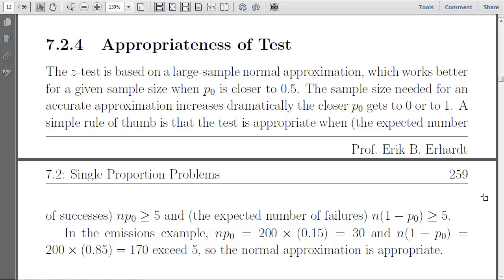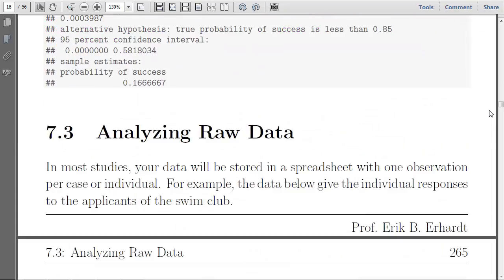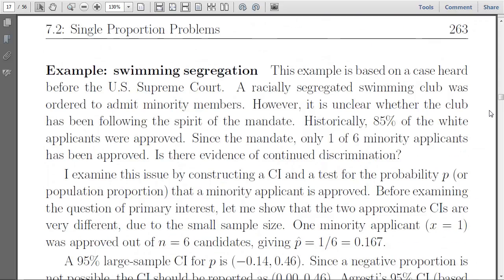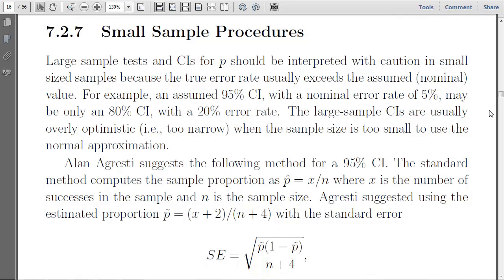So if that wasn't met, if it was less than 5, then we wouldn't be able to use the normal approximation. Okay? And you'd have to do something different. So I'm going to page down. All right. And we'll talk about small sample procedures.